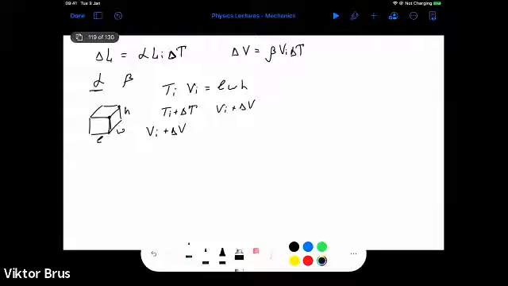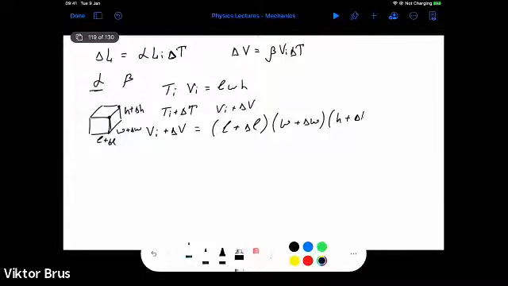V plus delta V will be equal to, as I mentioned before, we consider changes in each side of this box: L plus delta L, times W plus delta W, and times H plus delta H.